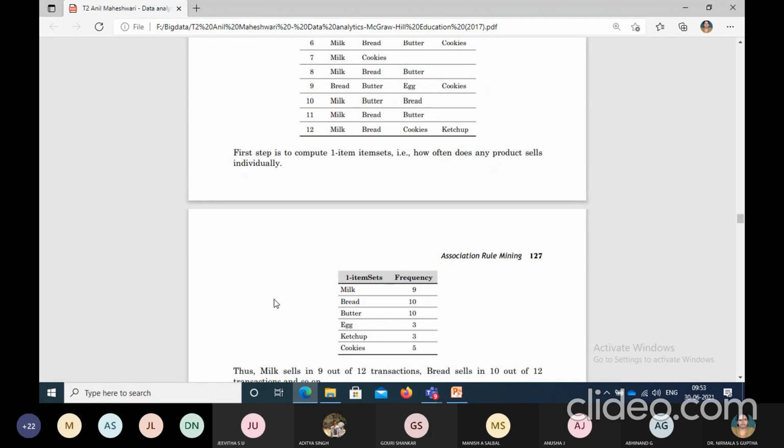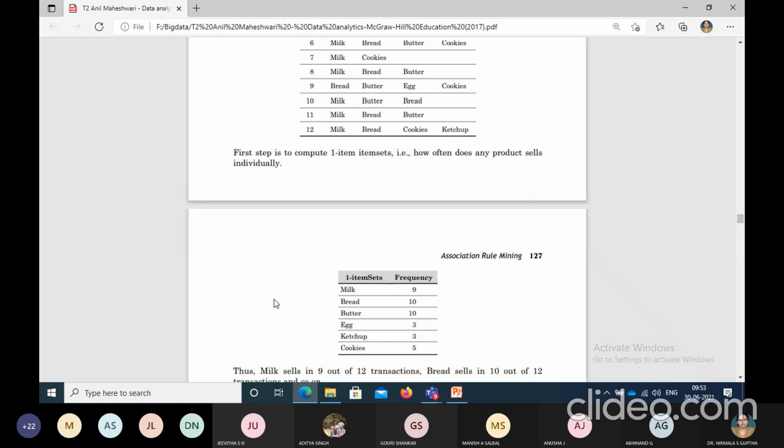So for that reason I'm removing egg, because it is less than 4. The minimum support must be greater than or equal to that. We determine rules from item sets occurring at least 33% as the first criteria in the total set of transactions. And the confidence threshold we have set is 50%. Now with respect to support, we are not able to consider egg and ketchup.